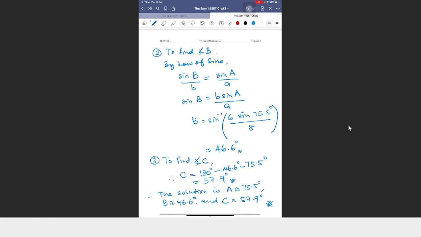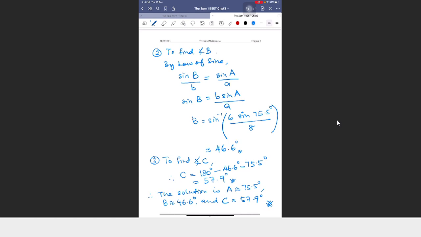For case 4 also, you have seen that you have missing angles. When you solve, it's actually solving for all three missing angles. But the first step to find an angle is by using law of cosine. Then the second step, you use law of sine. And the last step, you just use 180 degrees minus the two angles.